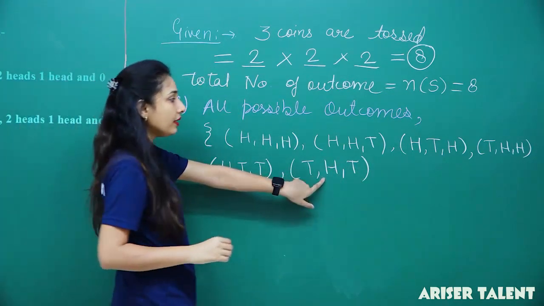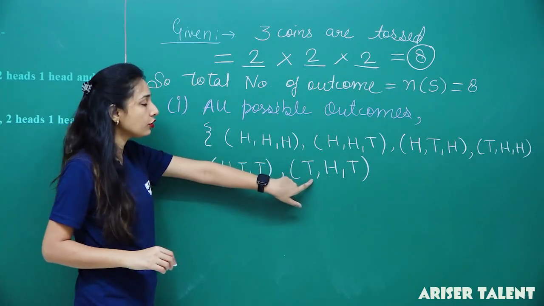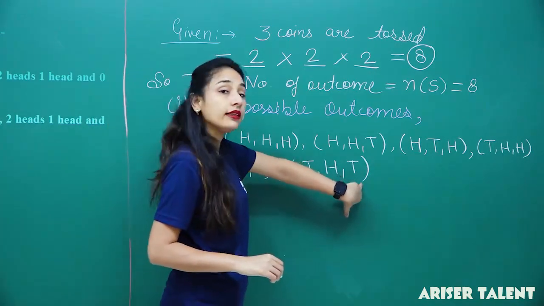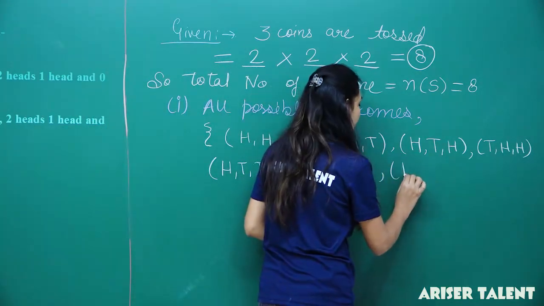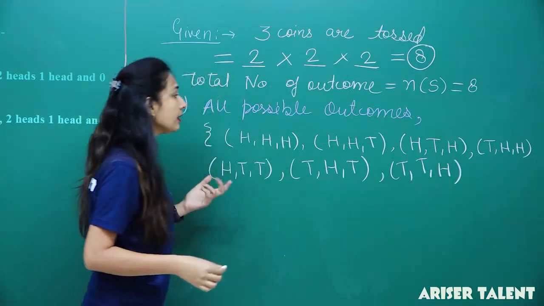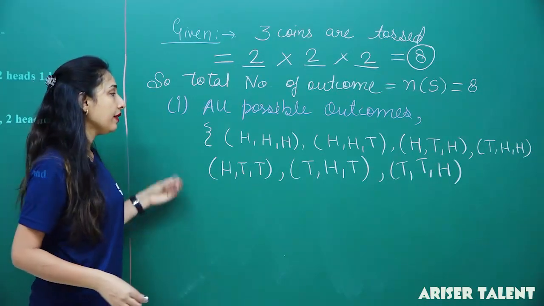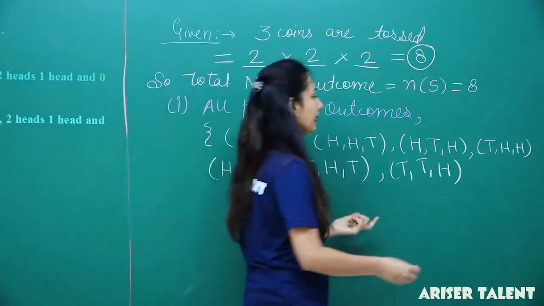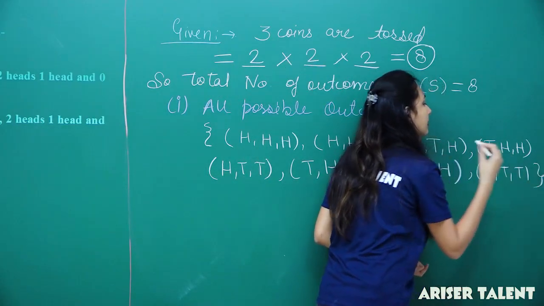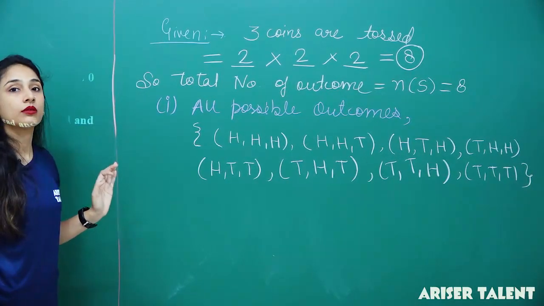So H can be there also. Now head can be in the third place, and it can also be a probable case that there will be first tail, second tail, and the third head. So I'll write that also. Right, students? Now the remaining possibility is having all 3 as tails.